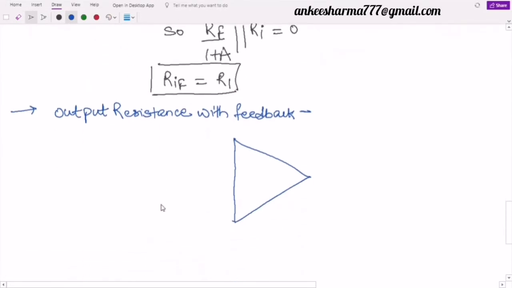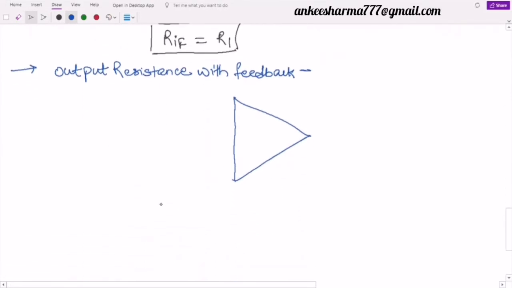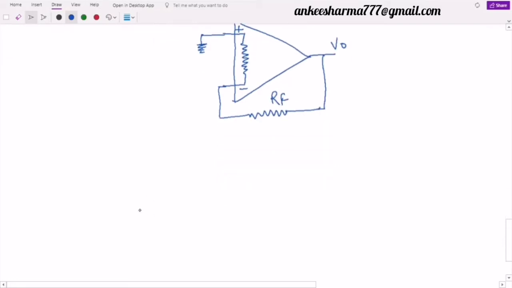So if this is my input resistance without feedback, this is the positive terminal, this is negative. Positive is directly connected to ground, so I will draw ground here, whereas negative is connected with some feedback resistance RF and one series resistance R1 with the voltage source over here.